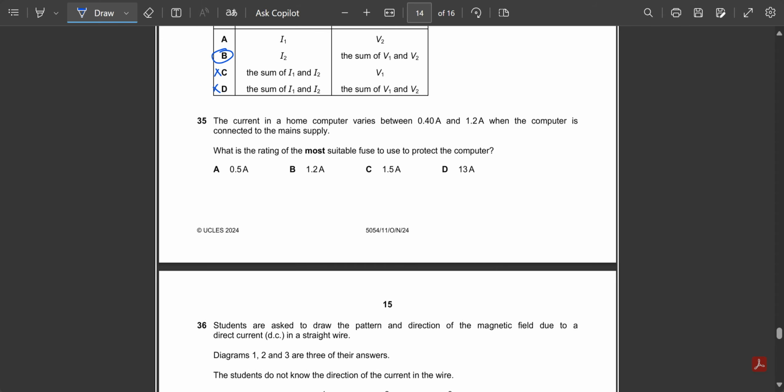The current in a home computer varies between 0.4 ampere and 1.2 ampere when the computer is connected to the mains supply. What is the rating of the most suitable fuse to use to protect the computer? It should be a little more than 1.2.